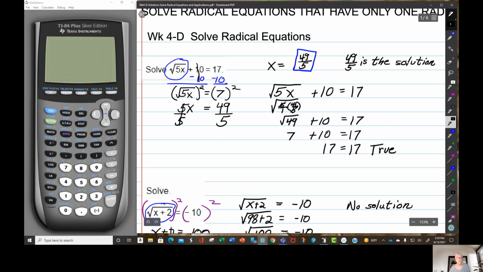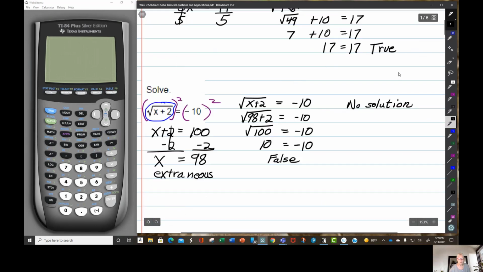The problem with radical equations is you never know. You never know when you've got an extraneous answer and when you don't. So you always have to check your answers. I did everything right down here, and I still got an extraneous answer.